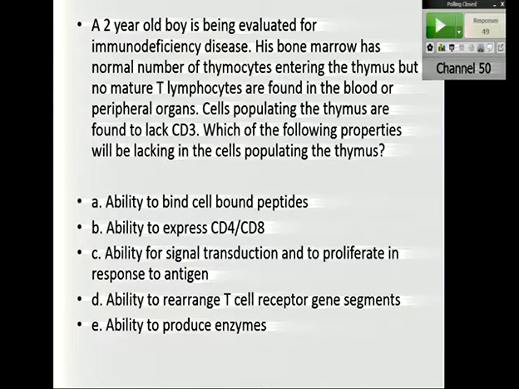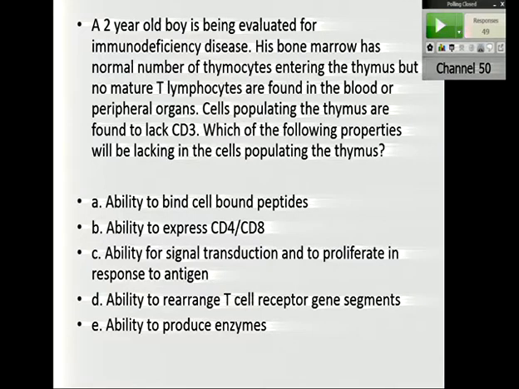This is also, you know this. That's the easy one. So if there's no CD3, what's the importance of CD3? Signal transduction. That's absolutely essential for the survival of T lymphocytes.